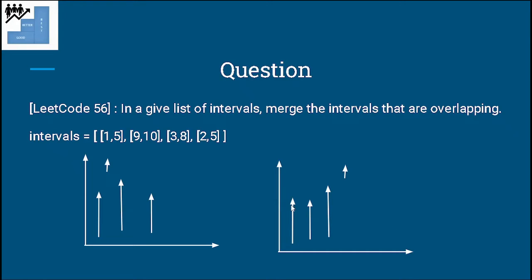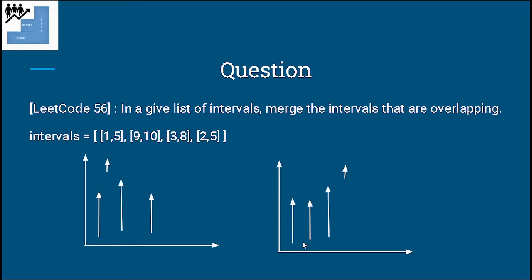If this point is below this point, then these two intervals are overlapping, so these two have to be merged. In merging, we have to decide the upper and the lower limit of the merged interval. Since we have arranged this in ascending order, this particular limit will be less than or equal to this particular limit.